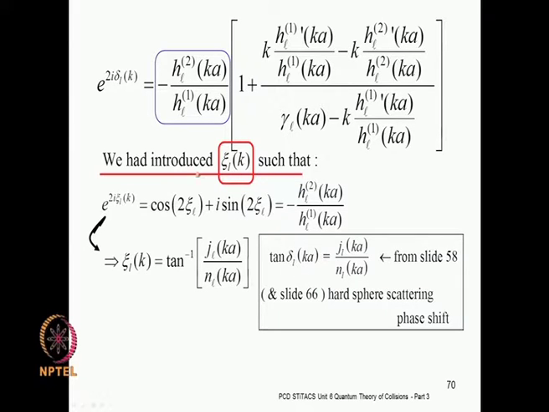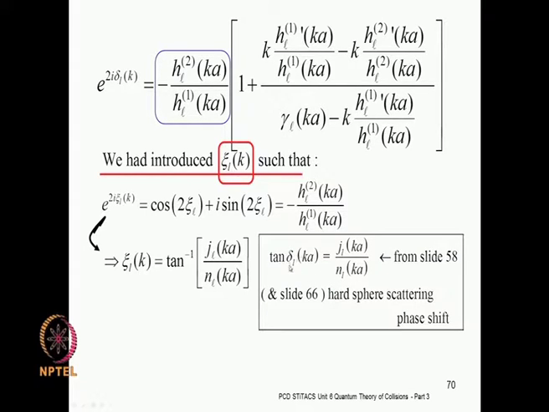So, this delta is different from this delta. This delta is the scattering phase shift due to the square well potential that we are talking about, which is how we have expressed it. One part of it, the first factor in this blue box, which we have written as e to the 2i xi, is exactly the same as the scattering phase shift which comes from the hard sphere.